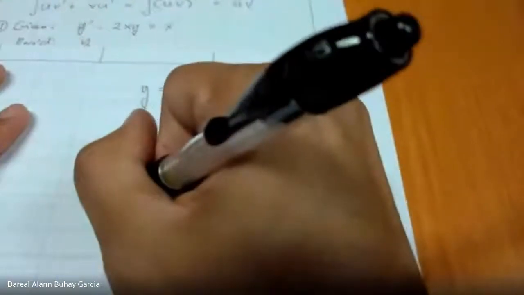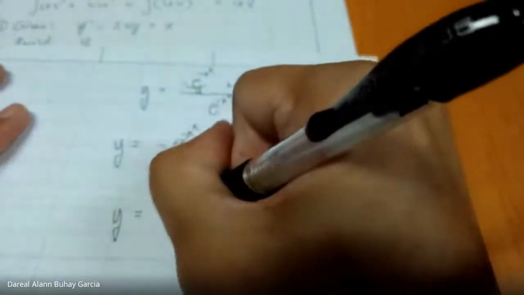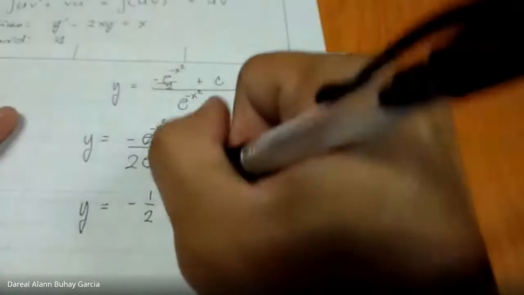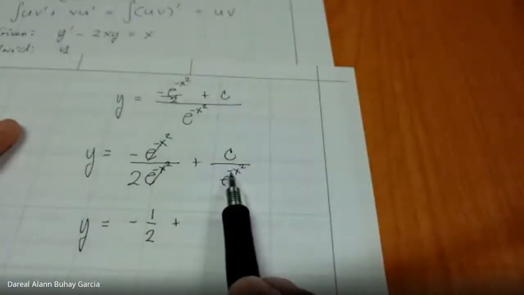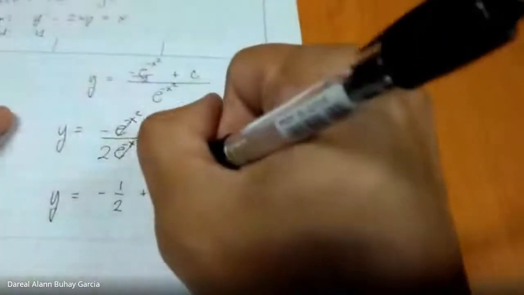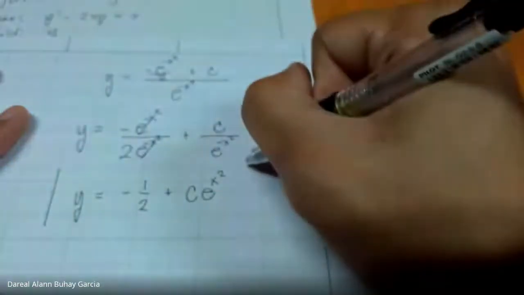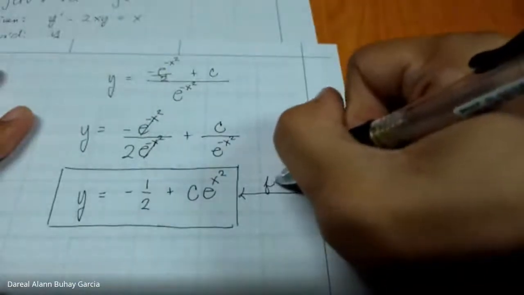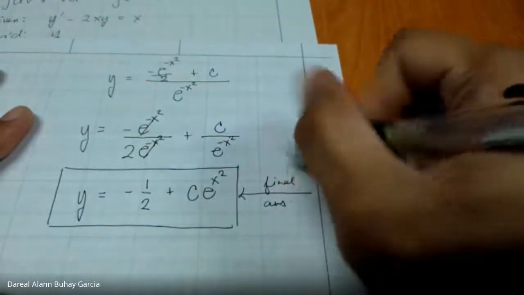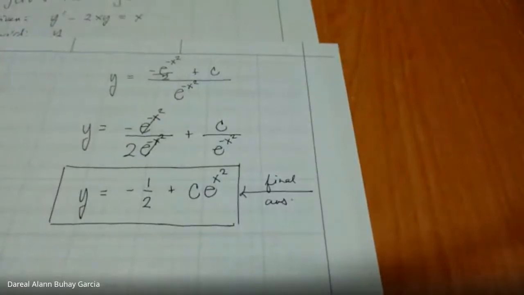Cancel. This is reduced to negative 1/2 plus, to remove the negative symbol, move it up, c e to the x squared. And I think this is the final answer. Okay. That's it.